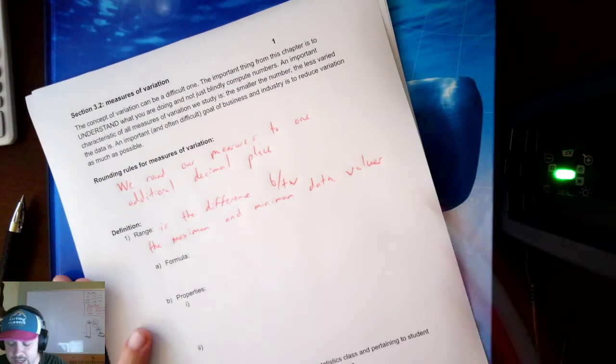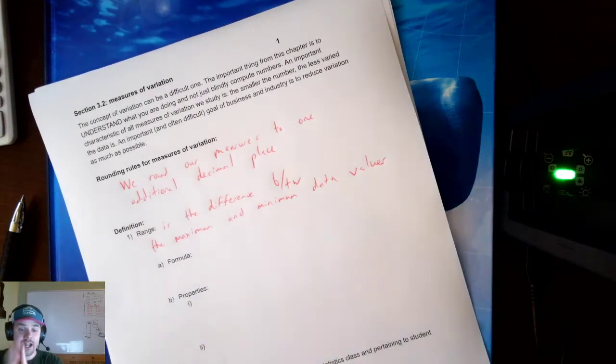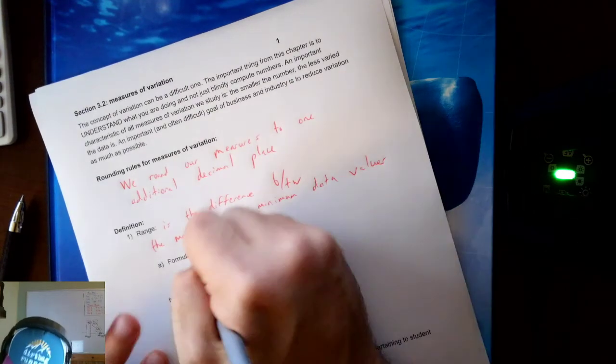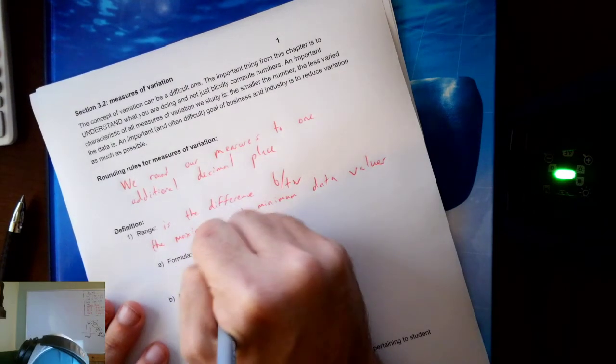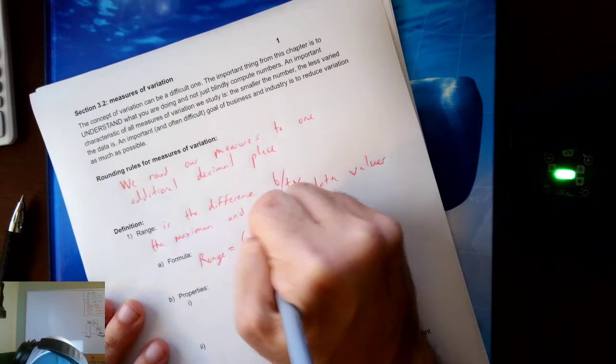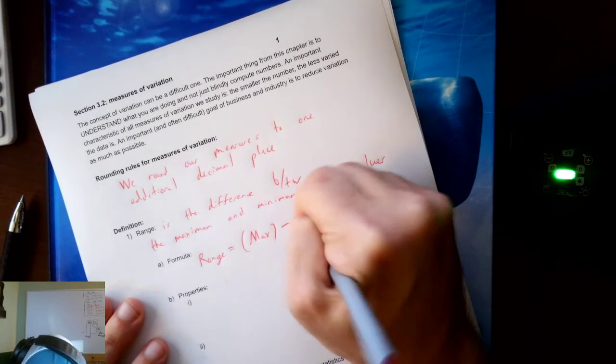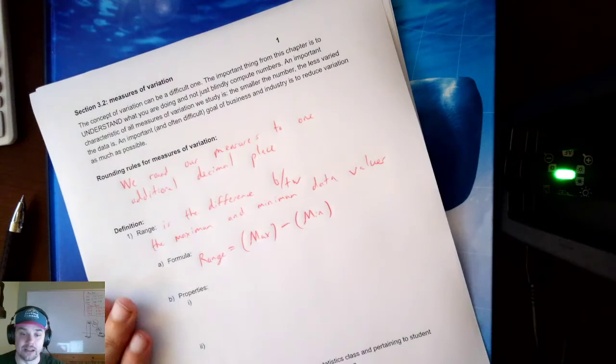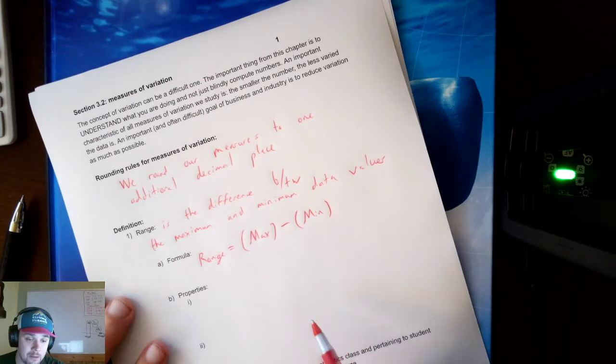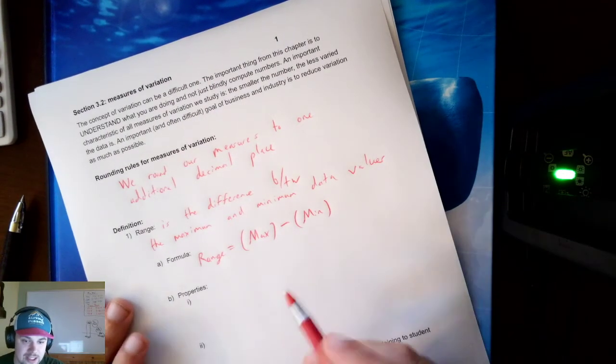The range is the difference between the max and the min. It's how much range does the data take up. The formula is quite easy. It's range equals max minus min. You just subtract the max number minus the minimum number. Take the biggest, subtract the smallest.